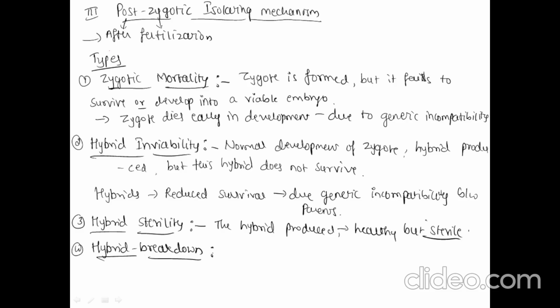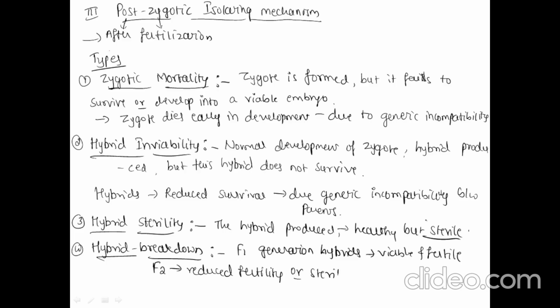In this type, the first generation hybrids, the F1 generation, are viable and fertile, but subsequent generations, like the F2 generation, have reduced fertility or may be sterile. This is hybrid breakdown.